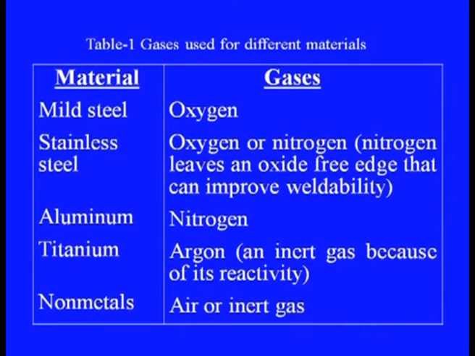Similarly, for aluminum also nitrogen is used as an assist gas. For titanium machining, on the other hand, argon gas is used as an assist gas. For non-metals, generally air or any inert gas like argon is used as assist gas.